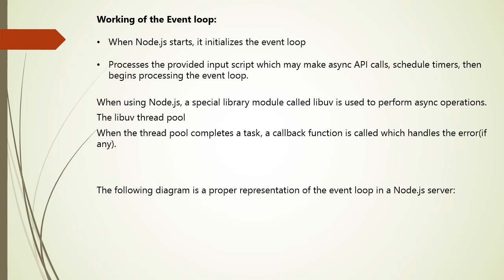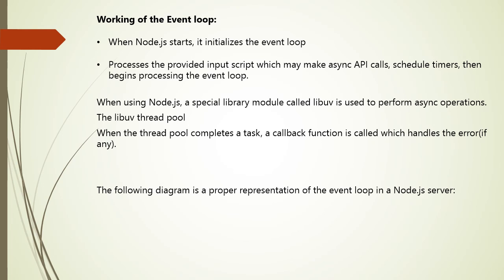This thread pool is composed of 4 threads used to delegate operations that are too heavy for the event loop. I/O operations, opening and closing connections, and setTimeouts are examples of such operations. When the thread pool completes a task, a callback function is called which handles the error, if any, or does some other operation. This callback function is sent to the event queue.